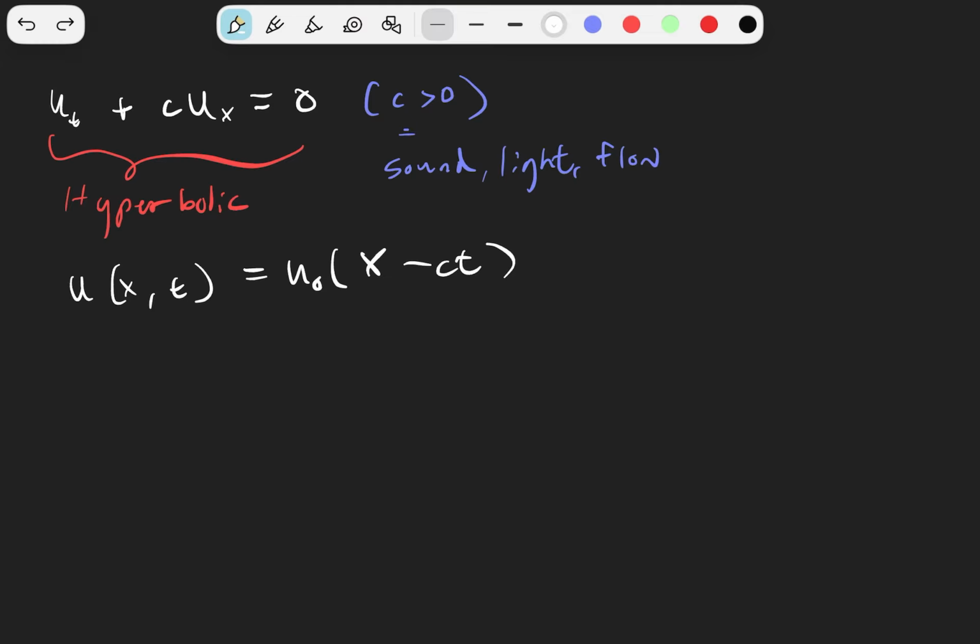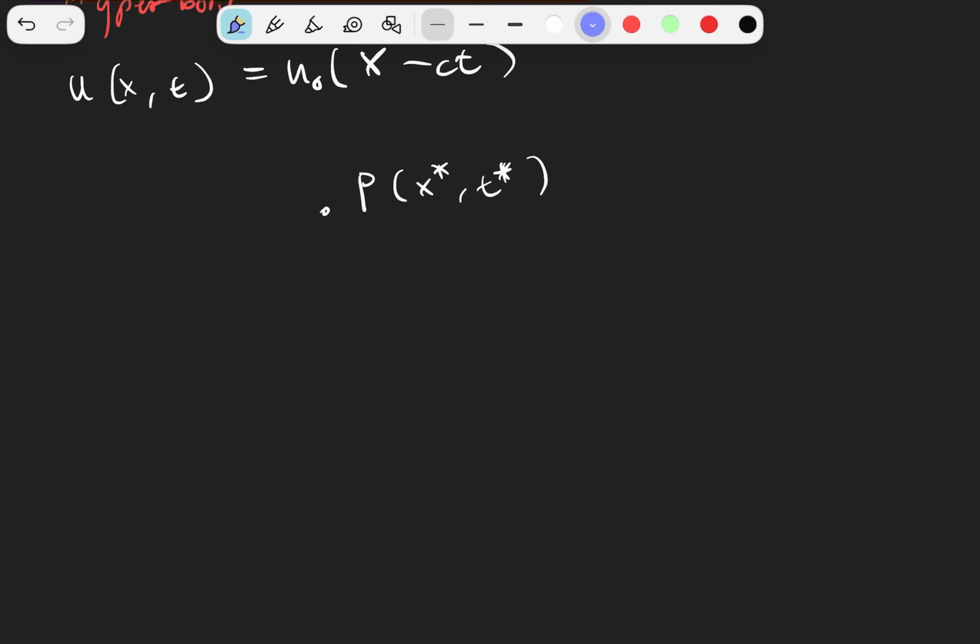And so how you can think about this is if we have some point, let's just say P, and it's in the future. So call it P of X and T here.